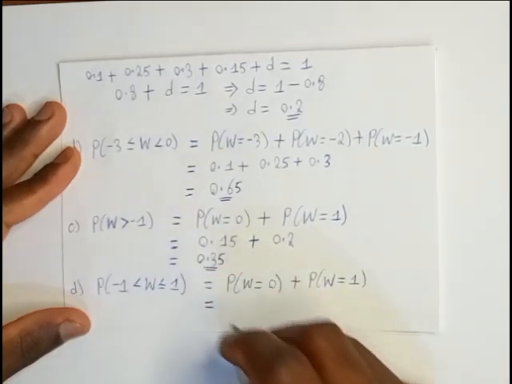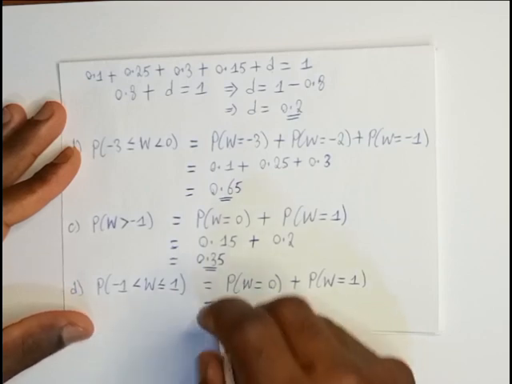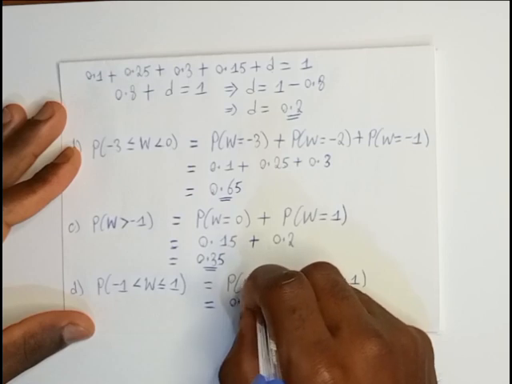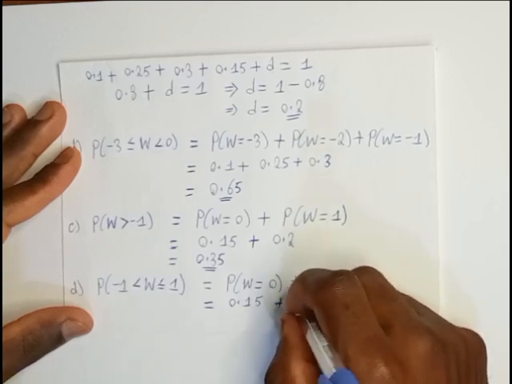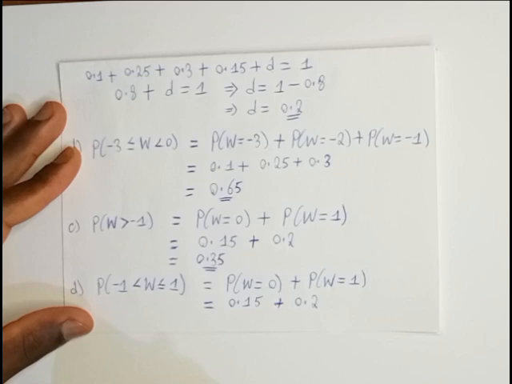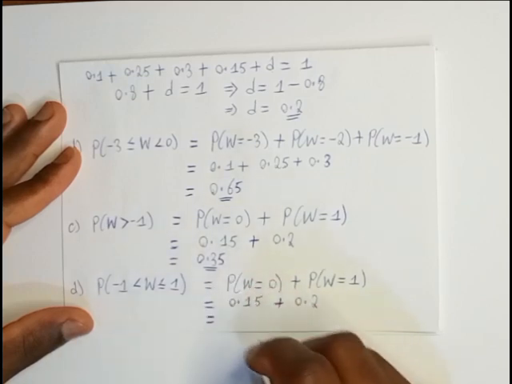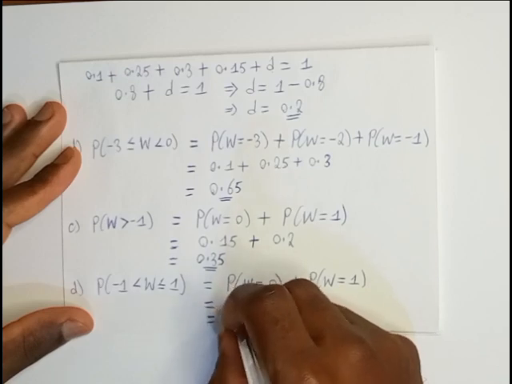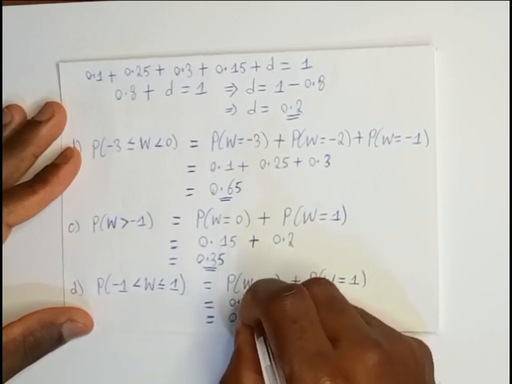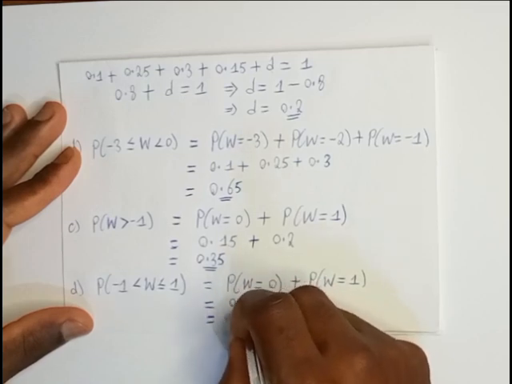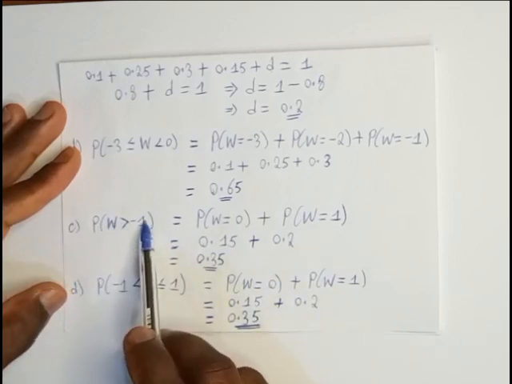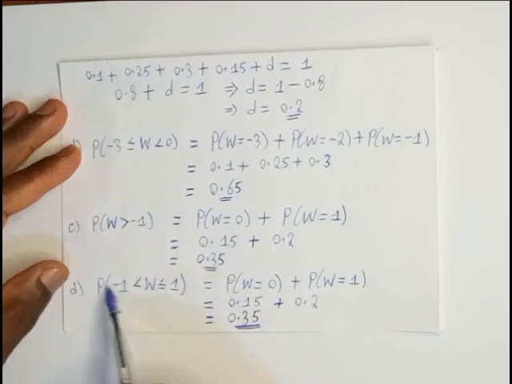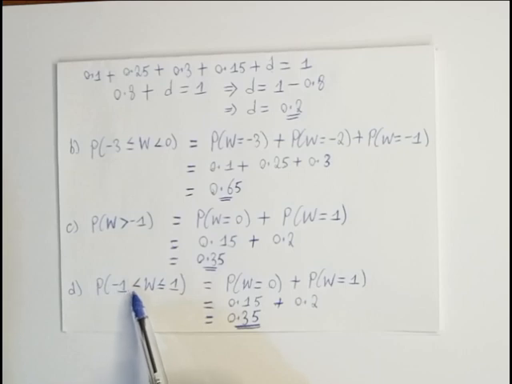This will simply be equal to P of W equal to 0 from the table, it is 0.15 plus P of W equal to 1, it is 0.2. This will simply be equal to 0.35. You can see that P of W greater than -1 is equal to P of -1 less than W less than or equal to 1.